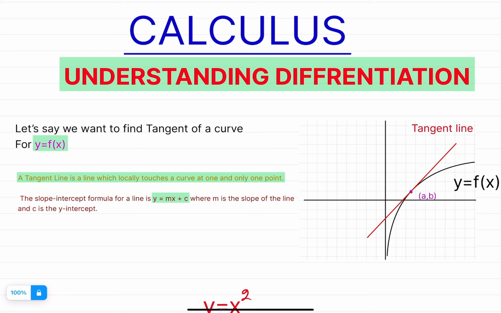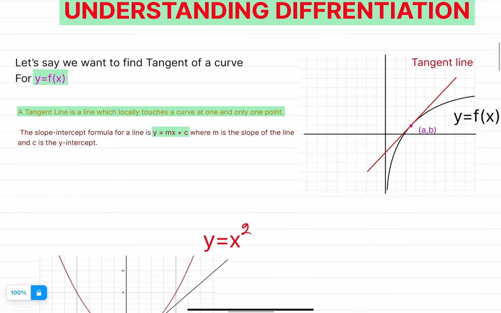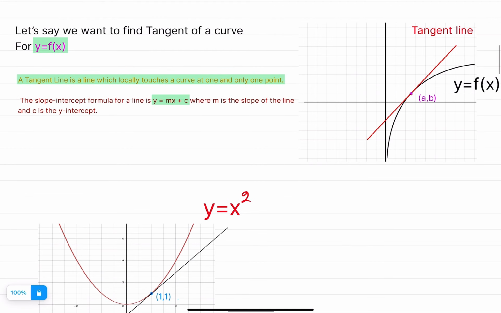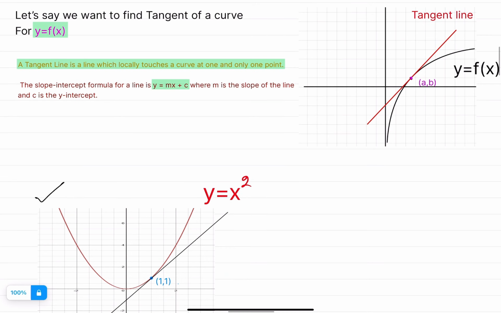For this problem, we're gonna take a function y is equal to x squared. And here we have been given a curve. Let's suppose you're taking any point. For this, we're gonna take point 1, 1 comma 1.